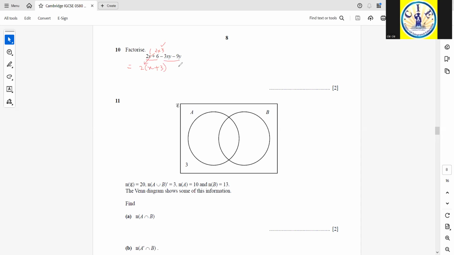And then from these two terms, we can take out negative 3y common, and then x plus 3. Now, as a whole, x plus 3 is a common factor. We can take it out as a common factor. And from the first term, I'm left with 2 and then minus 3y. That was one of the methods, and that's pretty fine. That's simple. Okay, that's the answer.